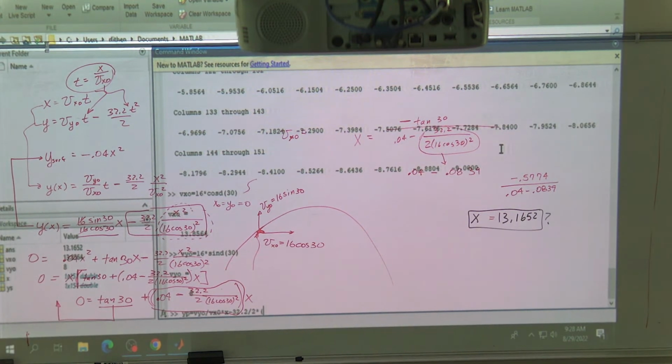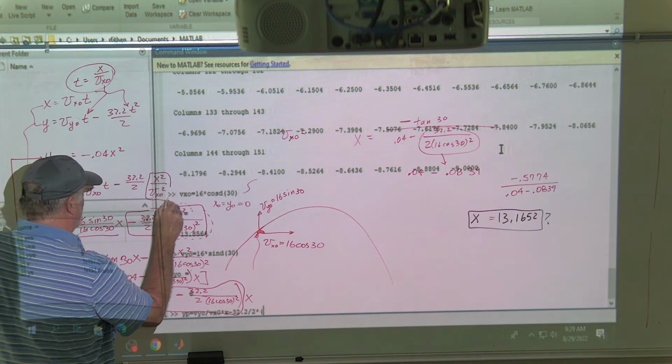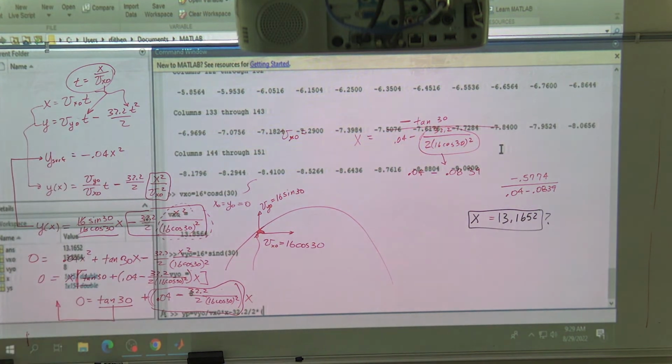Well, I don't have to because I've got Vx naught and Vy naught. So now I can just put in x squared divided by Vx naught and then square that. So I actually don't need this yet. So x, you have to put a period, squared divided by Vx naught squared. I think I've got that right.